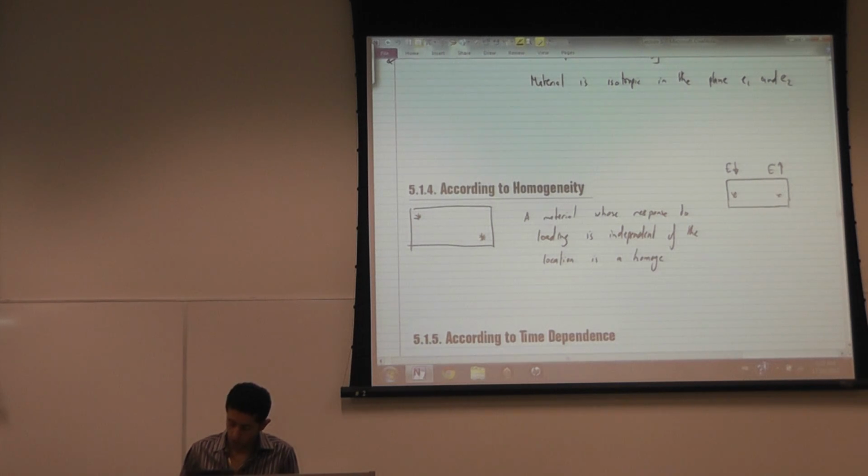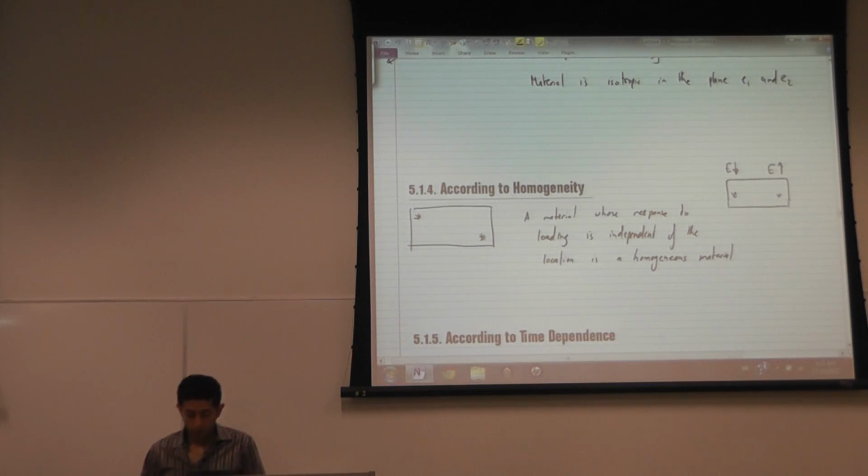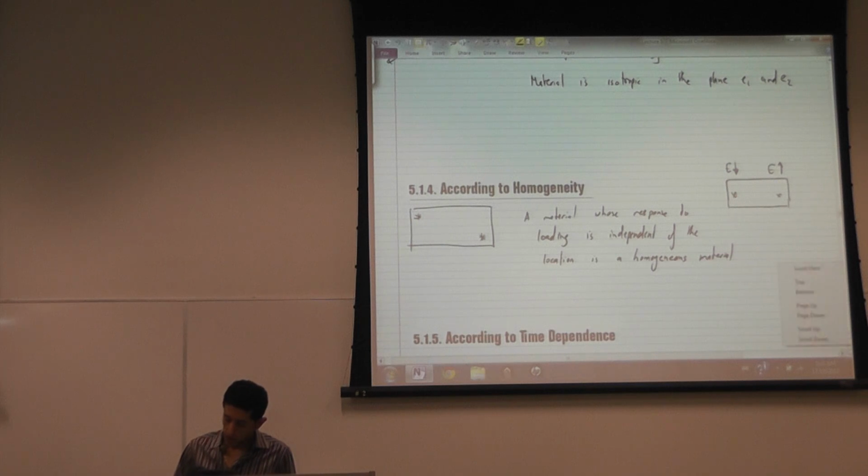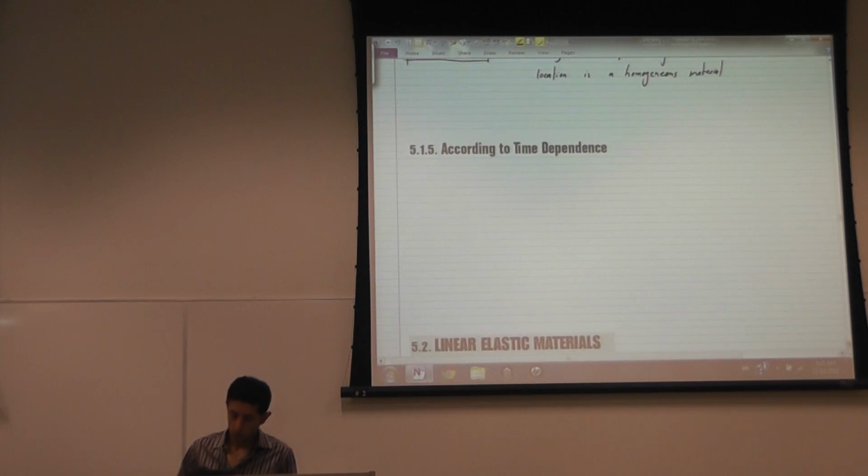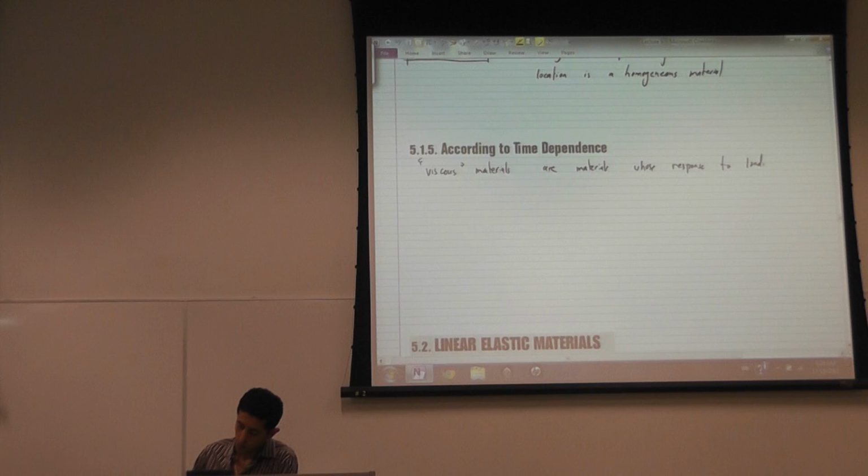According to time dependence, if the response of a material to loading is time dependent, then the material is called viscous.